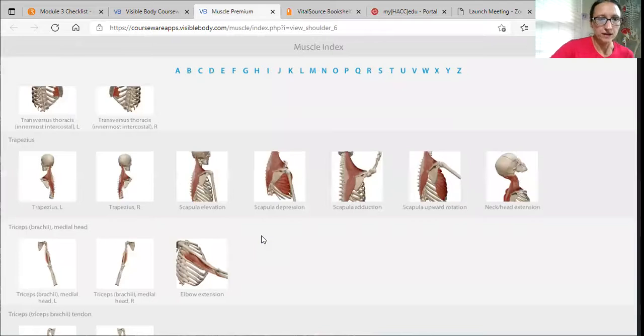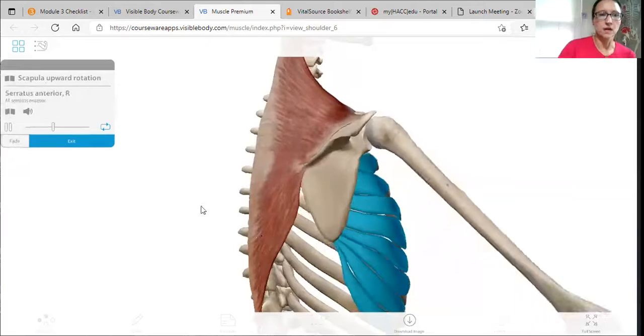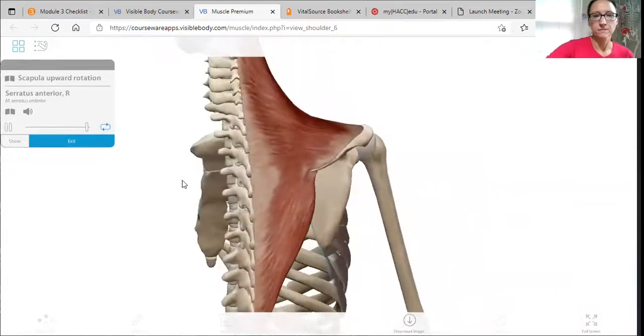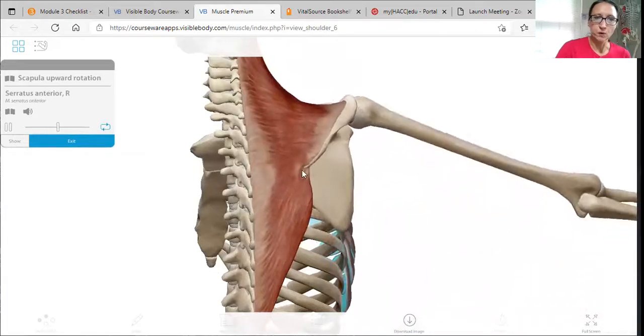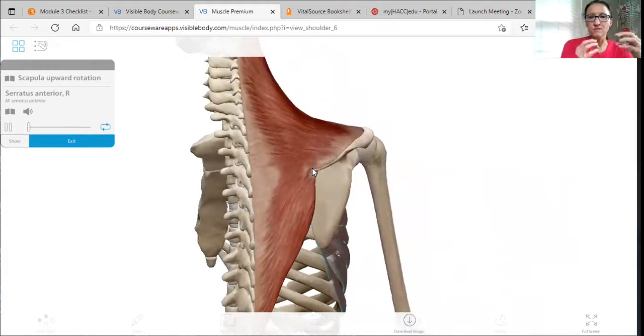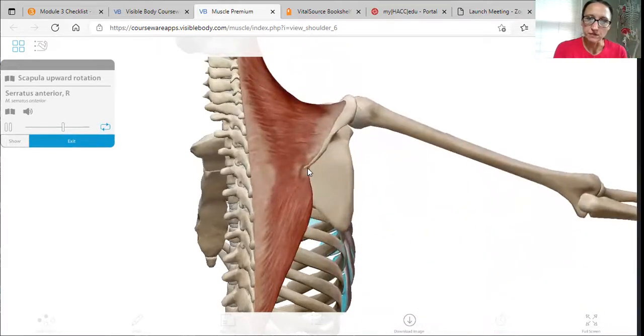Okay, let's go back into upward rotation. All right, so I'm going to hide serratus anterior here for a second. These fibers right here pull on the very medial edge of the spine of the scapula right here.